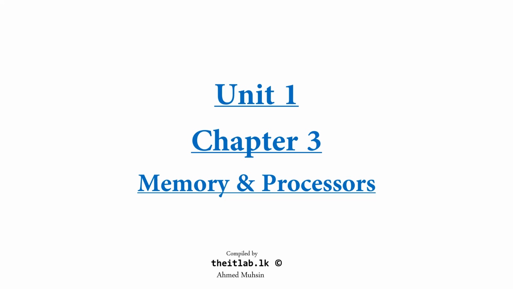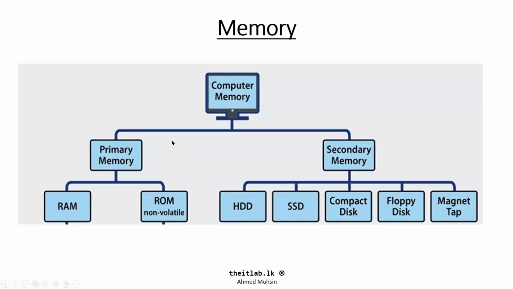Okay, right. So moving on, computer memory can be broken down into two main categories. You have primary memory and you have secondary memory. Under primary memory, you have only two storage devices, which are your RAM and your ROM. What is the function of RAM?